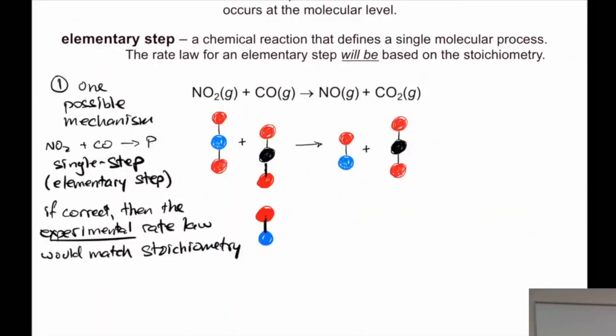And what I mean by that is the stoichiometry here would give the rate equal to K times the concentration of NO2 raised to the first power times the concentration of CO raised to the first power.